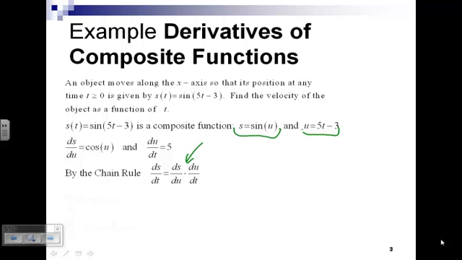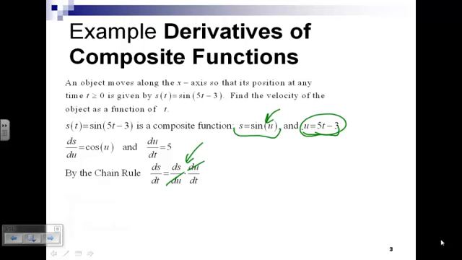The derivative of the inside, if we call it u, is du. Sorry. s is sine of u, right? And u is this thing that's going inside. So the derivative of the outside is ds du, and the derivative of the inside is du dt. These du's cancel and they leave us ds dt.